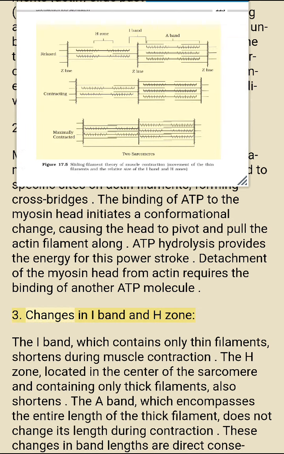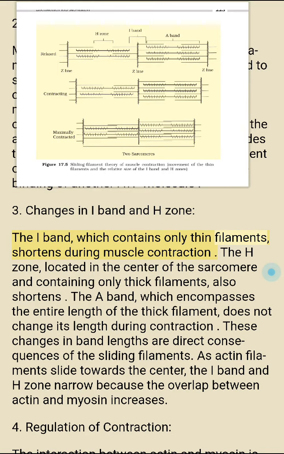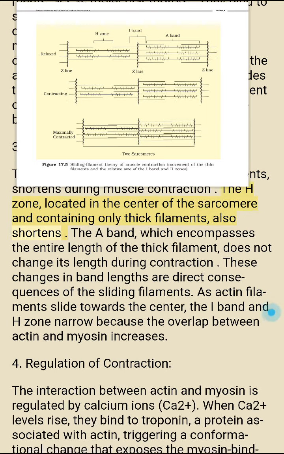3. Changes in I-band and H-zone. The I-band, which contains only thin filaments, shortens during muscle contraction. The H-zone, located in the center of the sarcomere and containing only thick filaments, also shortens.